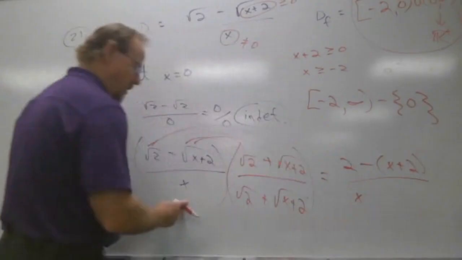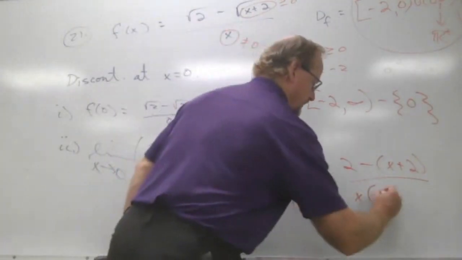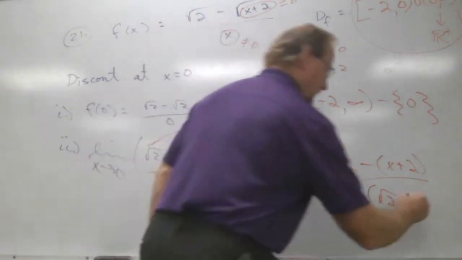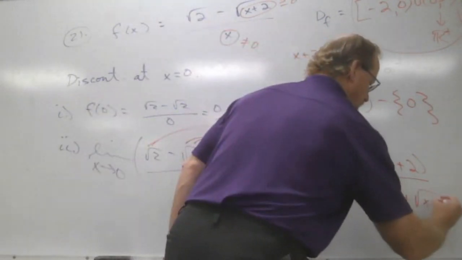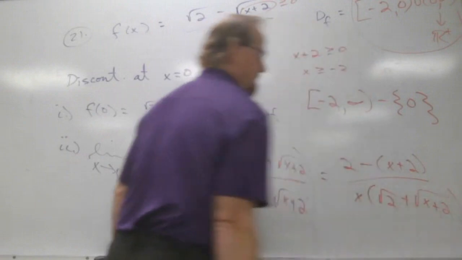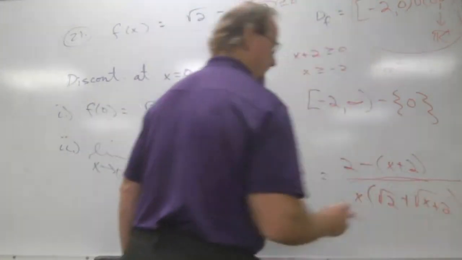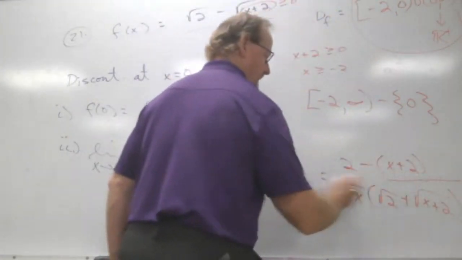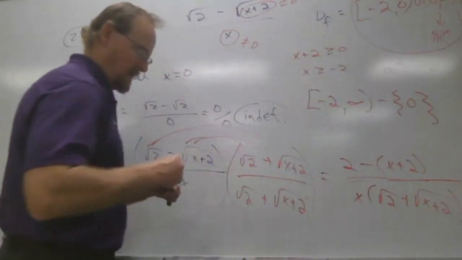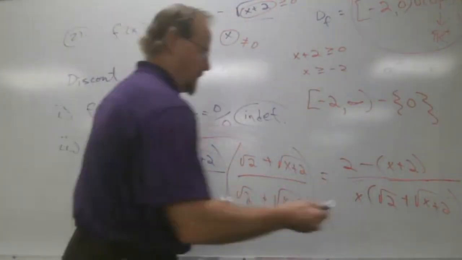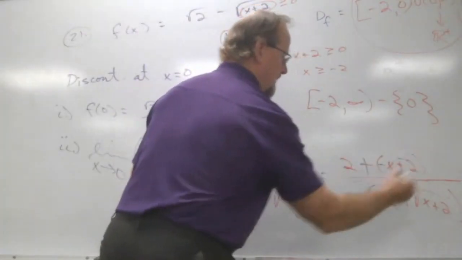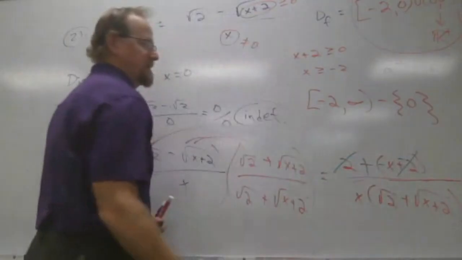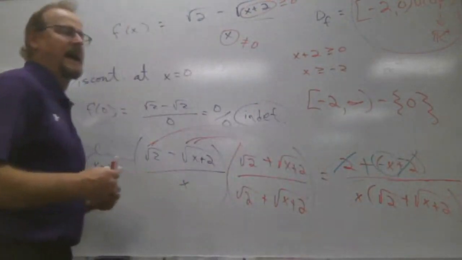On the bottom, I'm not going to multiply this out. I'm going to leave it factored because there's no real advantage to multiplying it out. Just so you know, you can if you really want to, and then you're going to want to factor it back out. Why? Because what I have on the top, I'm going to add the opposite, so then the 2 and the minus 2 cancel, and I have a minus x on top.